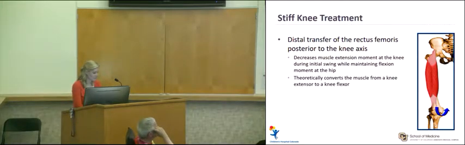That gets rid of some of the extensor power, obviously, if you're taking away the offending muscle, and it converts the rectus from a knee extensor to a knee flexor. It may not actually do that, but we certainly can't change the brain programming, so at least we're taking away the extension attempt during swing phase.